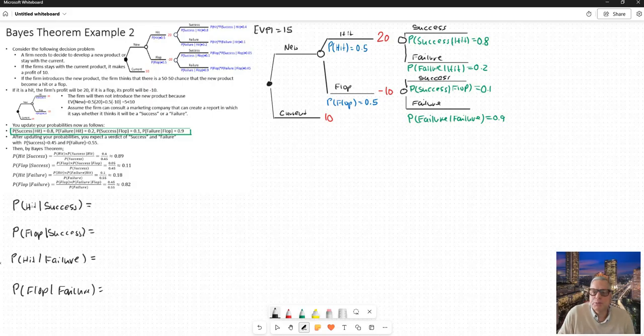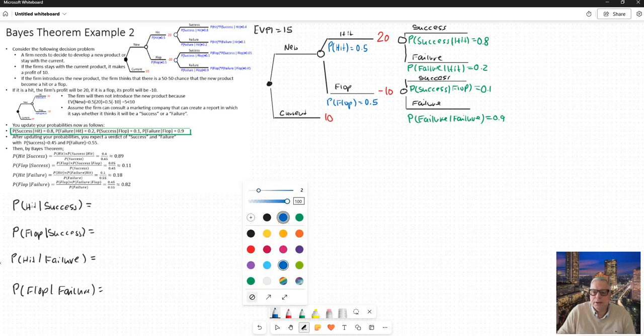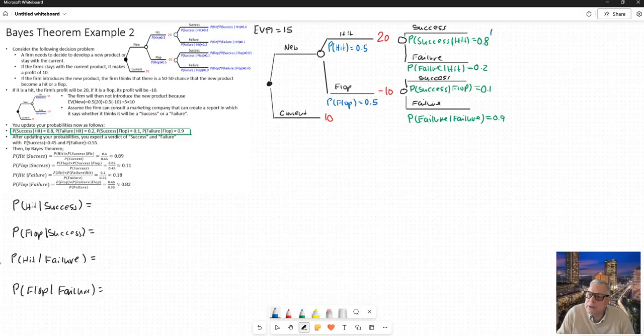So the probability associated with each branch of the decision tree is here. So here there's a probability of success, which is your initial probability that you thought it is a hit, times, let's make that in green to be consistent, probability of success given hit.